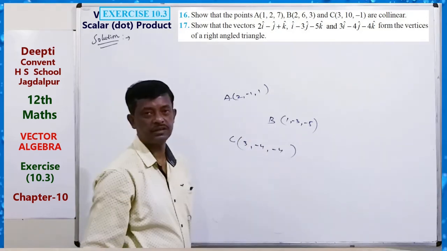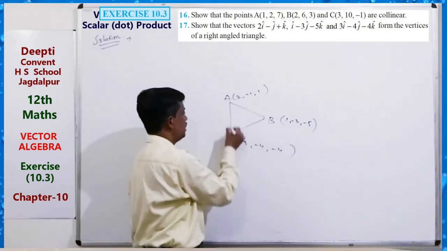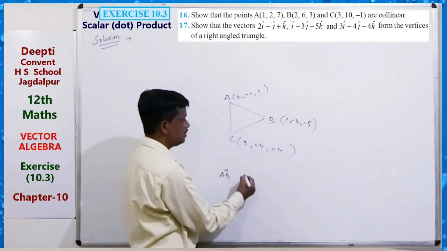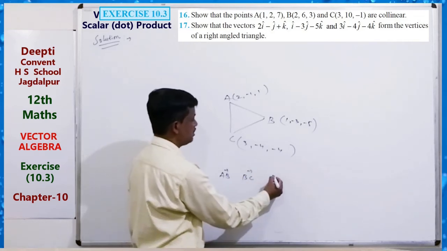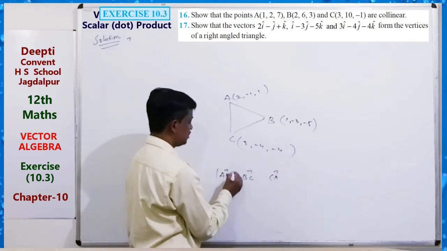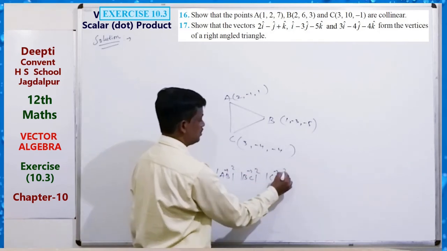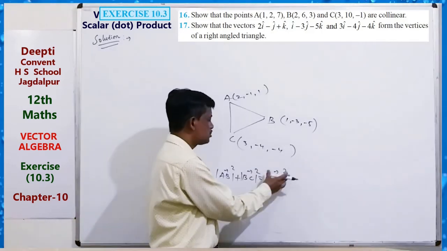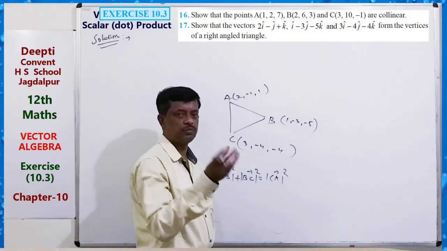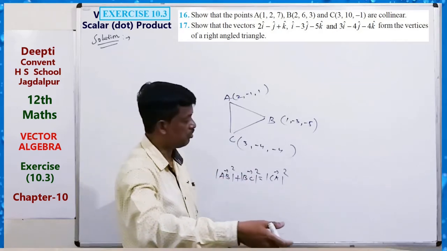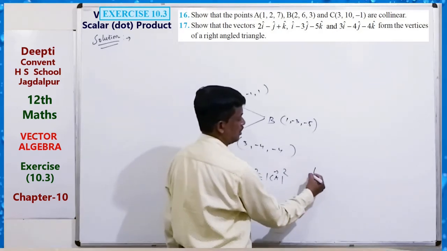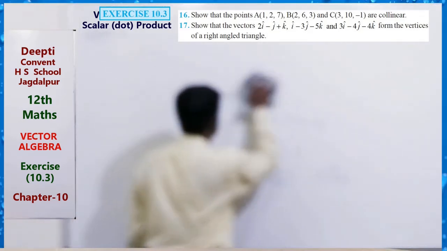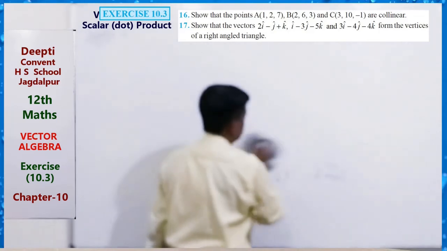There are three points. Just find AB, BC and AC, find the modulus and square. If the sum of the squares of two sides equals the square of the other, then it is a right angle triangle. So this is the hint for question 17.